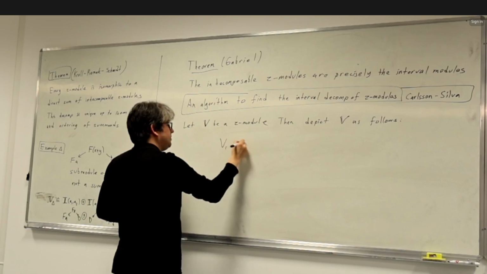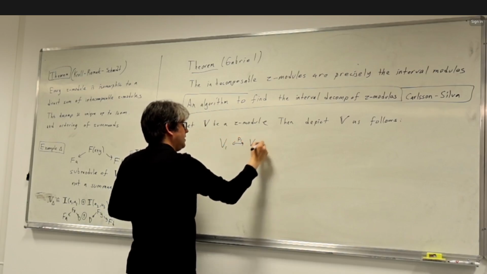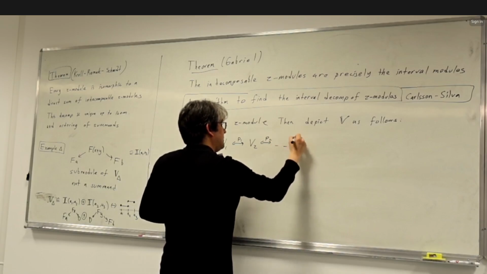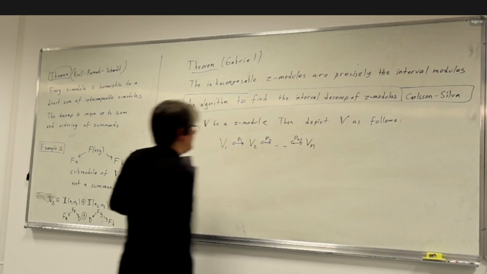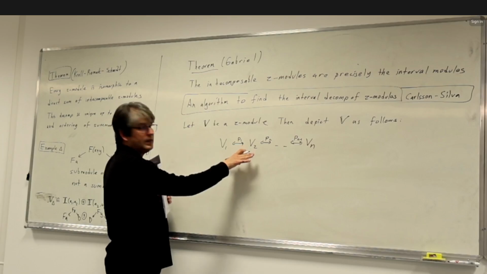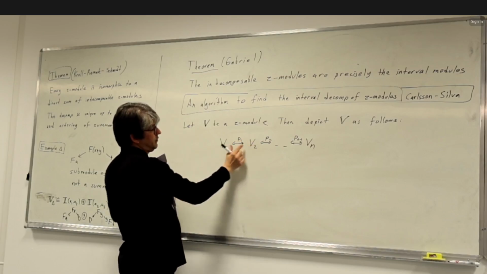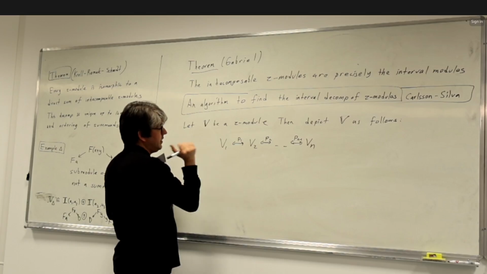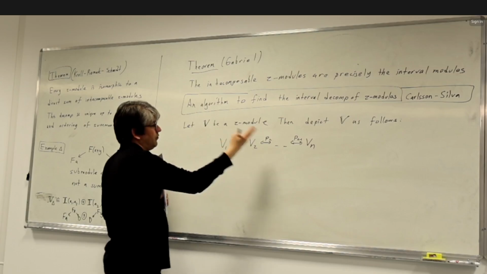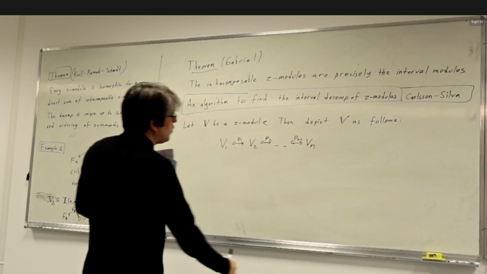So V1, P1, V2, P2, ..., P_{n-1}, V_n. Since we don't know which direction the arrow goes, we just put an arrow like this. It would mean it goes in the direction of the morphism in the poset.